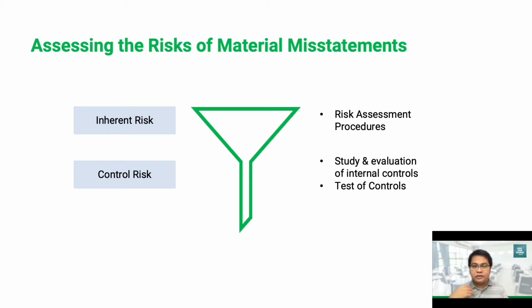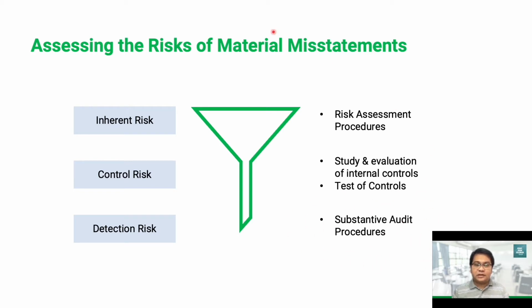That is why we need to perform study and evaluation of internal controls as well as test of controls when warranted by circumstances. And finally, we have the detection risk. This is the risk that the auditor will not be able to detect the material misstatements in the financial statements. That is why here, our response would be to perform substantive audit procedures.